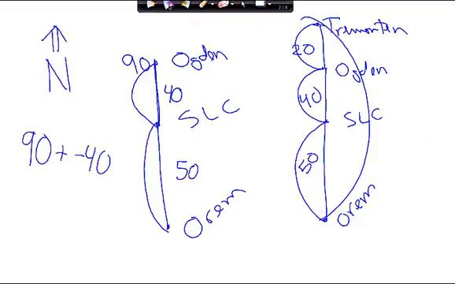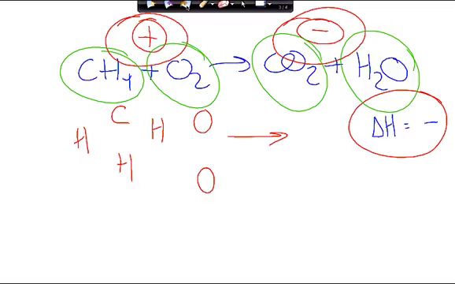Hess's Law is all about breaking big things into little steps. And if you know the magnitude of the little steps, you add them all up and you get the energy of the big thing. You're good on that? Okay. Then we talked about this relative to the combustion of methane. And we talked about the little steps. What are the little steps?